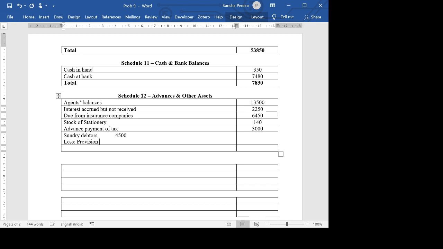We don't take this provision for bad debts under provisions, but we show it as, like I explain, RDD. Less reserve for doubtful debts, which is 2,000. So this total here comes to 4,500 minus 2,000, which is 2,500.